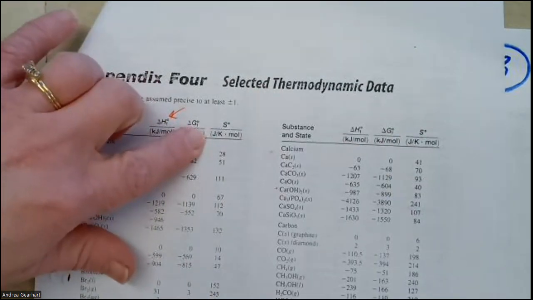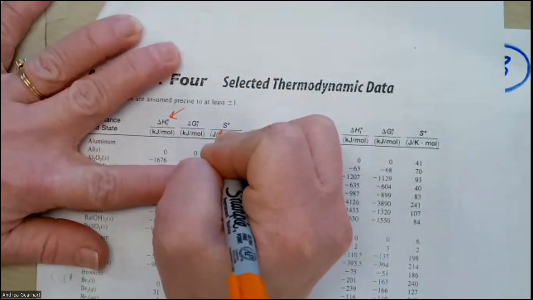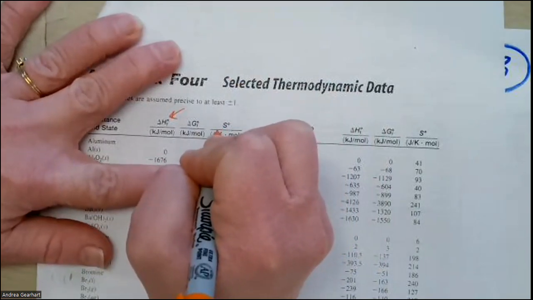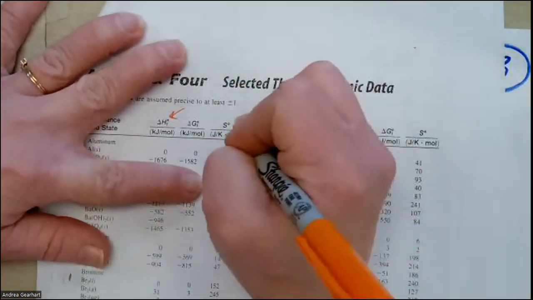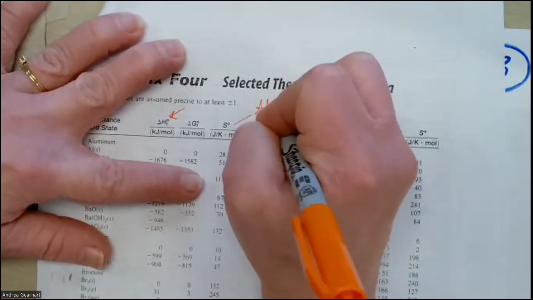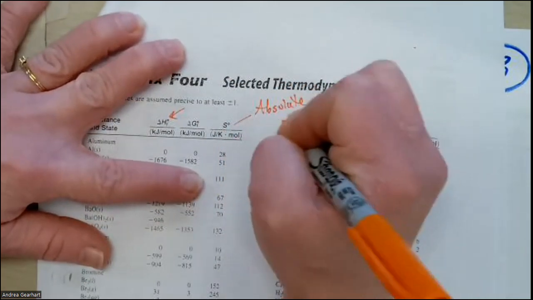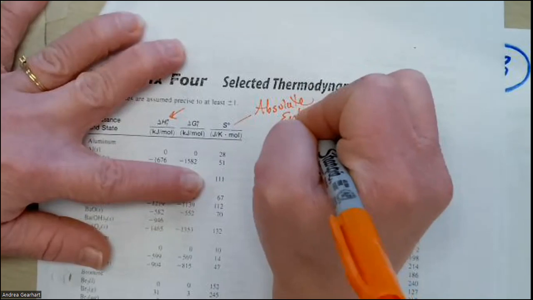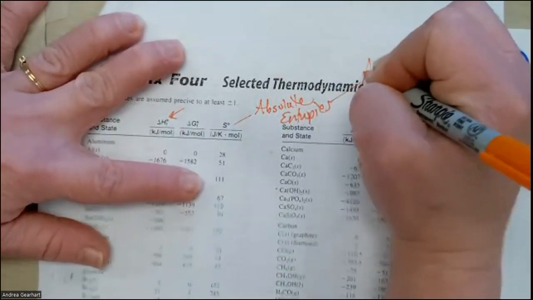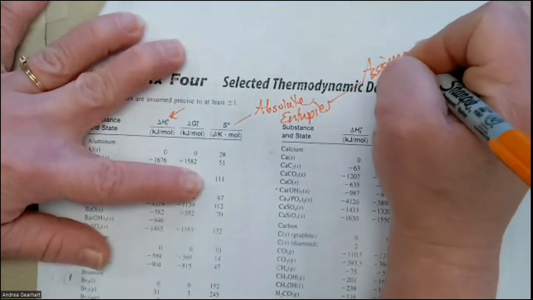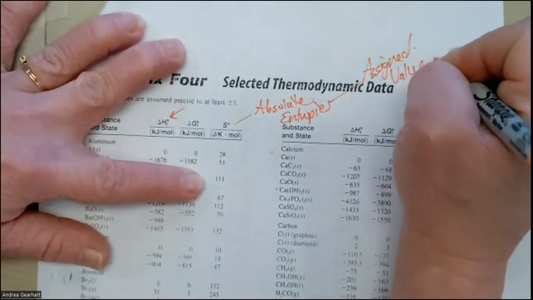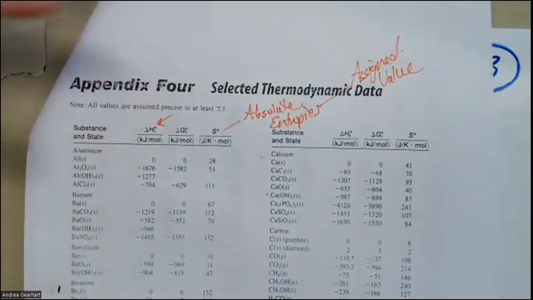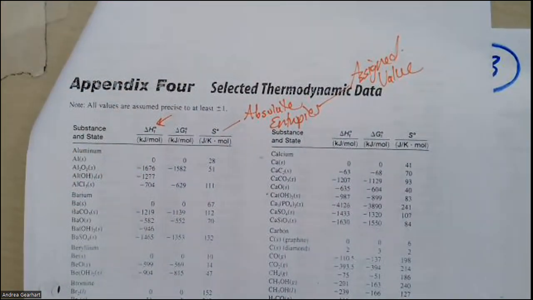Notice it is not a change in. We call these absolute entropies. They're an assigned value based upon the stretch that the third law of thermodynamics asks us to make.